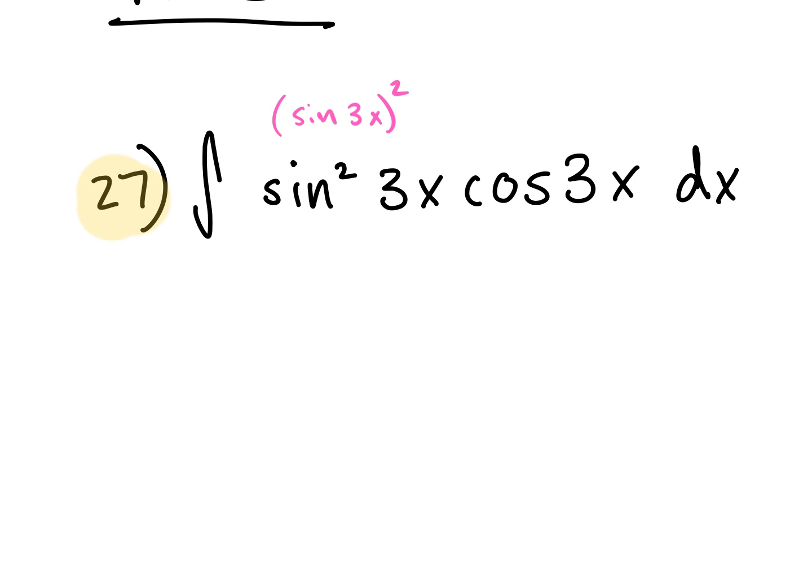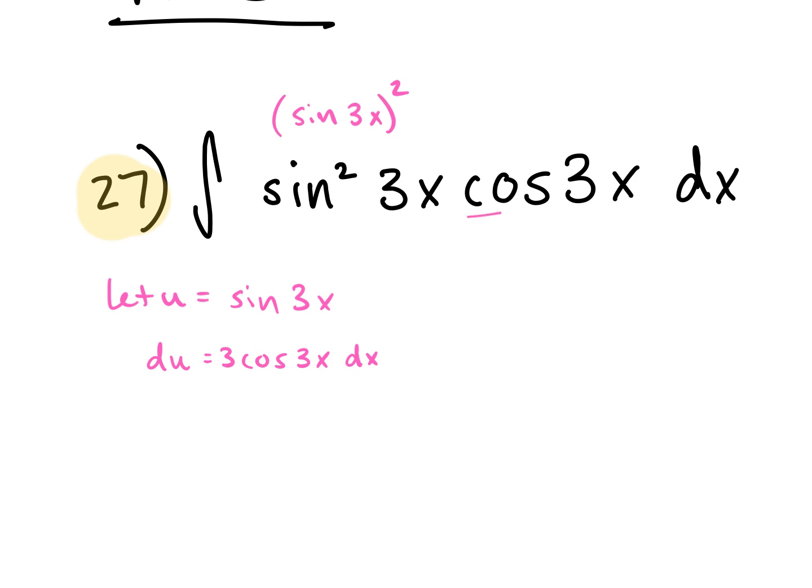So we're going to make whatever's inside of those parentheses our u. Let u equal sine of 3x. Then du would be the derivative of sine of 3x, which would be cosine of 3x times what? Times 3. Don't forget to take the derivative of what you're taking the trig function of, and then dx.